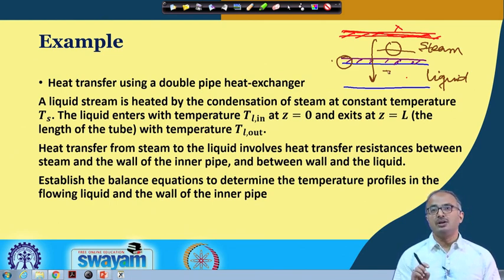Based on that only you should account for or neglect the radiative heat transfer. For the steam and the liquid, we consider only convective heat transfer, so there are only convective resistances within the steam and in the liquid.